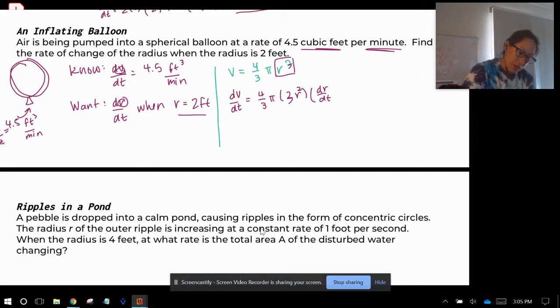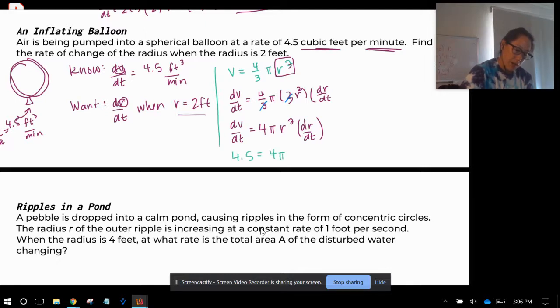Okay, so the 3's are going to cancel, giving me dV/dt is equal to 4 pi r squared times dr/dt.